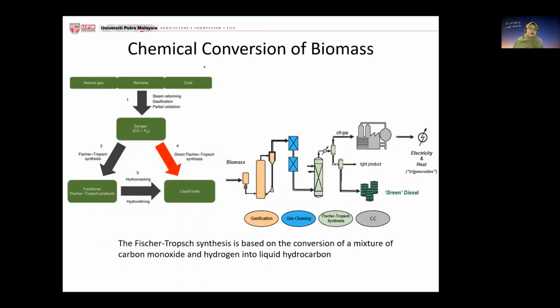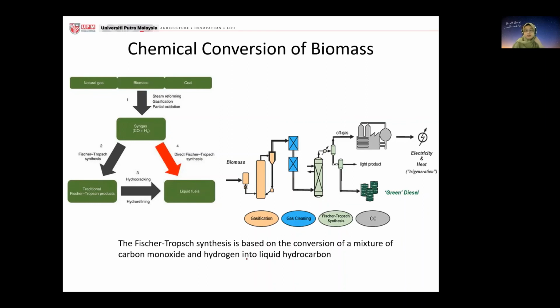So before we go to the electrochemical way of conversion, we just have a brief look at the chemical conversion of biomass. Like mentioned before, it involves the FT synthesis, or Fischer-Tropsch synthesis. FT synthesis is based on the conversion of a mixture of carbon monoxide and hydrogen into liquid hydrocarbon.